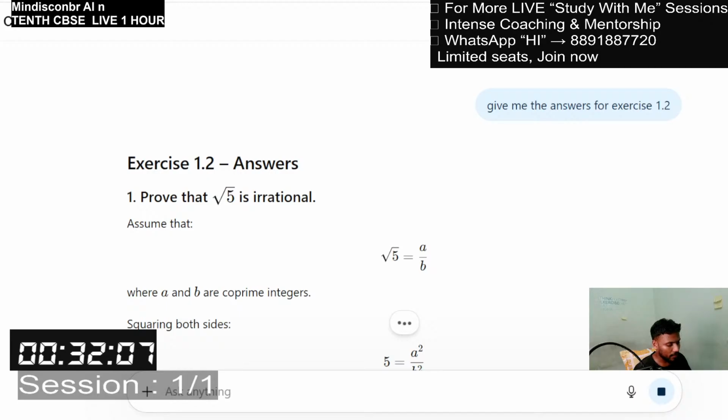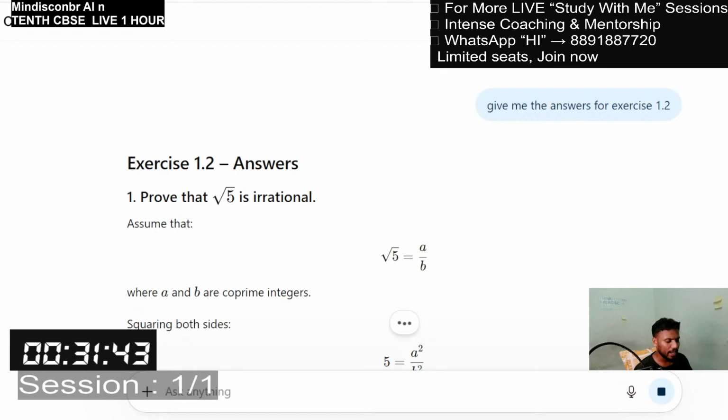Suppose r and s have a common factor other than 1, then we divide by the common factor to get root 2 is equal to a by b, where a and b are coprime. What do we mean by coprime numbers?